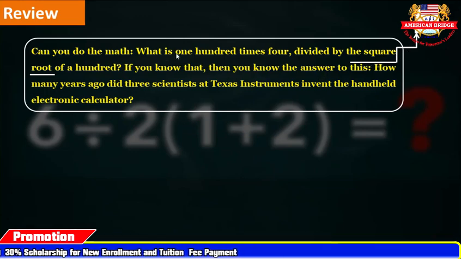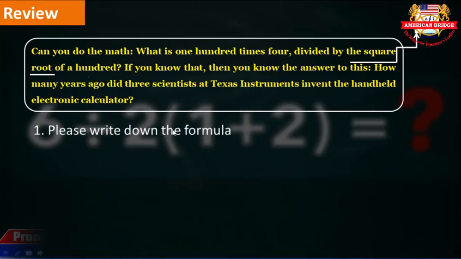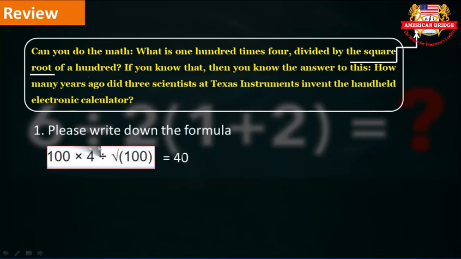So you take 100 multiplied by 4, then you divide by the square root of 100, then you will see the result. So let's check, everyone. We write the formula like this: 100 times 4 divided by the square root of 100.